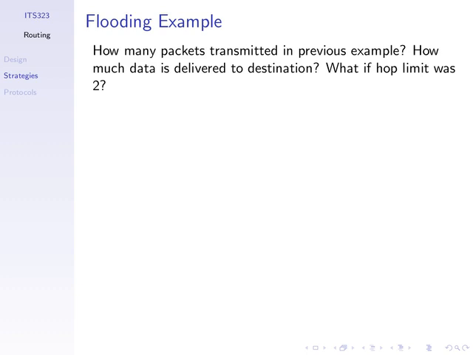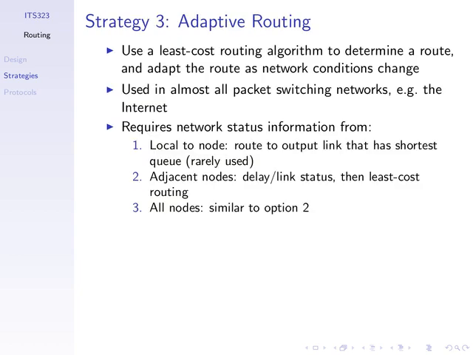All right, I think we've covered this. By reducing the hop limit, we reduce the number of packets transmitted. You could count how many packets were transmitted. And we've covered 2 or 3 simple examples of selective flooding. And that's flooding covered.